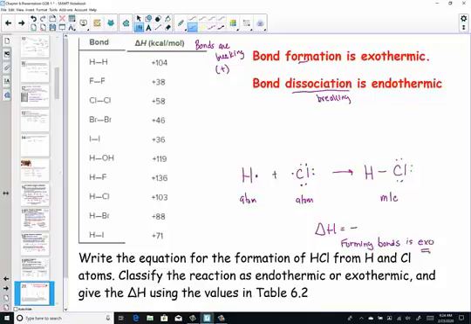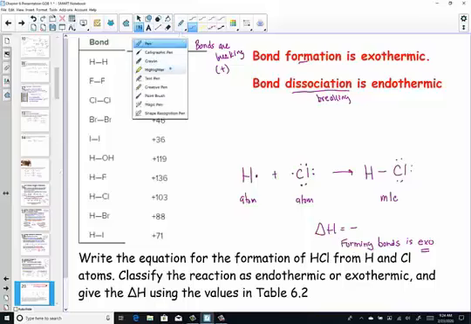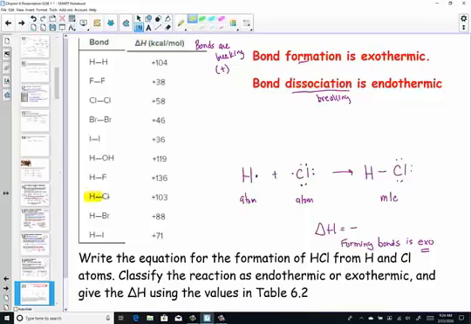Well, how much energy did it release? When I find my value, and it's just really reading this chart, here's the HCl, I read across, and notice it's positive because that's a bond dissociation energy chart. Bond dissociation is endothermic, but we're just going to flip the answer to be negative 103 kcals per mole.